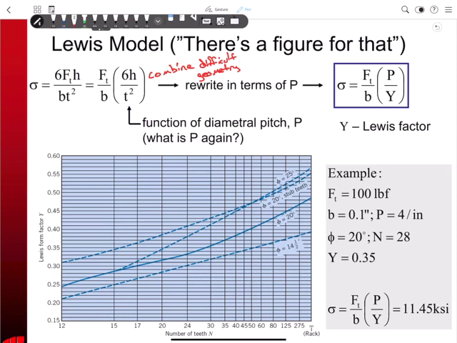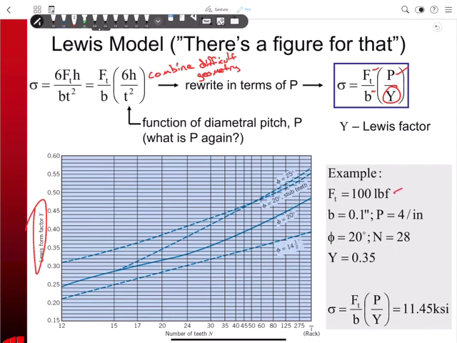And so we know the tangential force, we know the face width, we know the pitch. What is pitch again? Number of teeth per inch of pitch radius, pitch diameter. And then we have this Lewis form factor, which comes from this plot, right? So you know the number of teeth, you know what the contact angle is, and then you figure out your Lewis form factor.